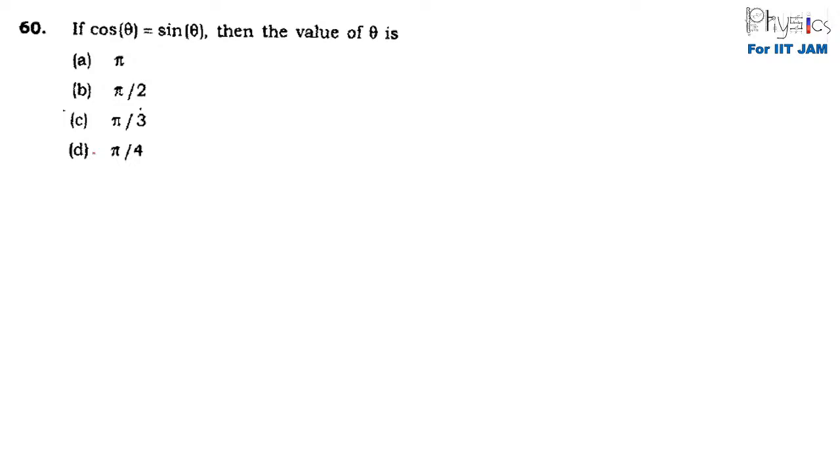Malaya's answer is option D, that is pi by 4. So I think I should solve it right now because this is very easy. Cos theta equals sin theta, that means tan theta equal 1. That means theta equal 45 degree equal pi by 4.